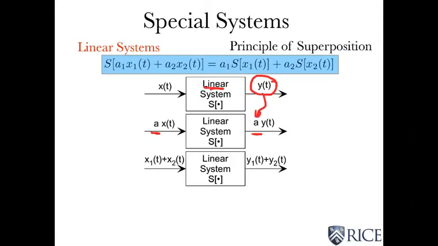And there's an almost sloppy way of saying this: you double the input, you double the output. If that happens, then the system could be linear. If that does not happen, if doubling the input does not double the output, then the system can't be linear. It violates the rules. That's a special case of what I wrote up here, because here we have A2 is 0 for the case that I'm showing down here.